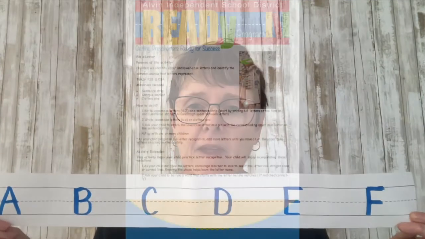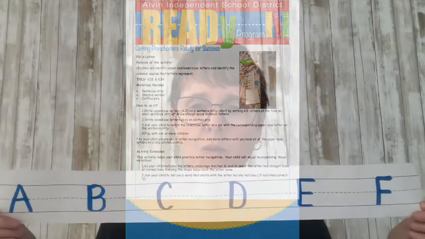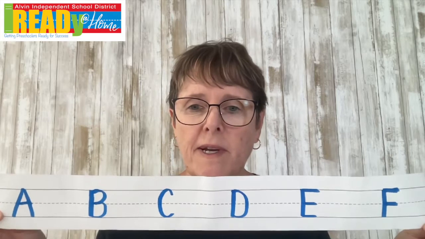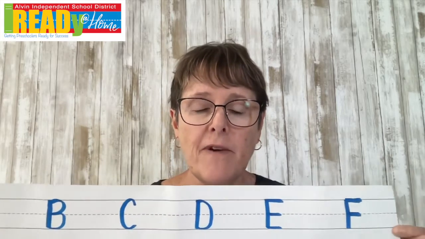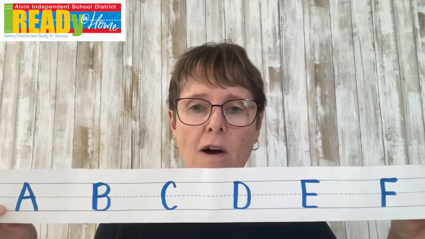Alphabet rainbow. This week we are going to continue with pin a letter. I have seen that several of you have really done well with this activity and really working on pinning that entire alphabet. You've already extended it out where you're using most, if not all, of the letters.